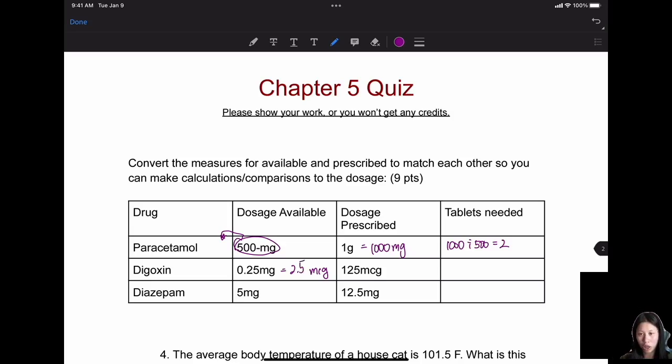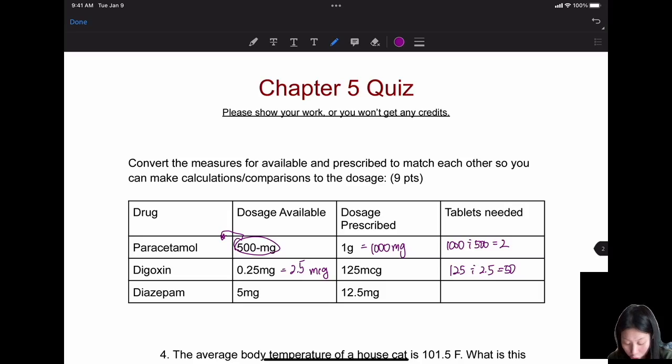So how many do you need? So you use 125 divided by 2.5. Now I'm going to use the calculator to calculate that. So you need 50 tablets. Okay, another one, 5 milligrams and 12.5 milligrams.